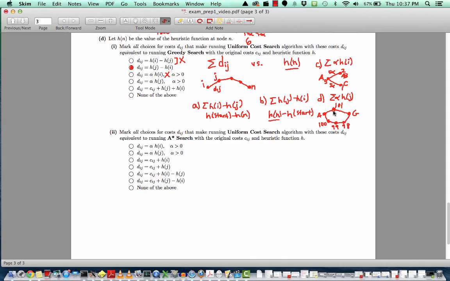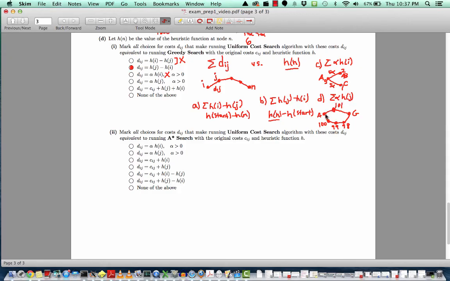In this case, the first node expanded in both cases is going to be 100, because 100 is less than 101. Then after we expand 100, greedy search is going to expand 99, because 99 is less than the alternative 101. However, uniform cost search is going to sum all of the h of j's and multiply by some alpha.